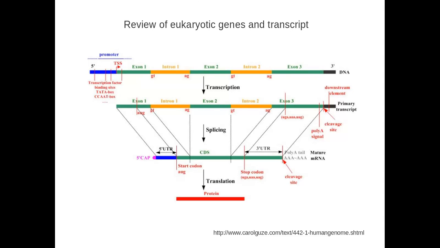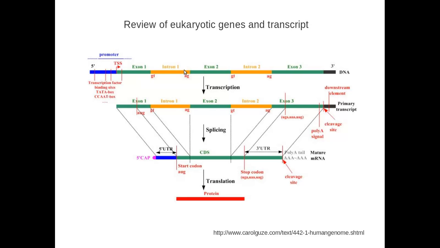And in eukaryotes, as you all know, transcription of genes is the means by which the sequence of the DNA is converted into an mRNA and eventually translated into a protein.